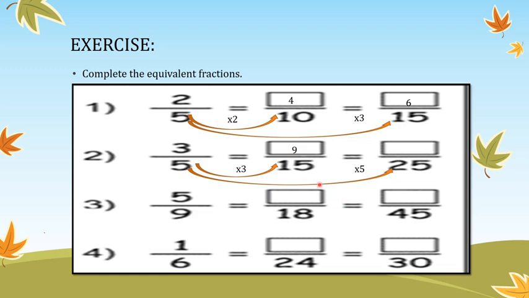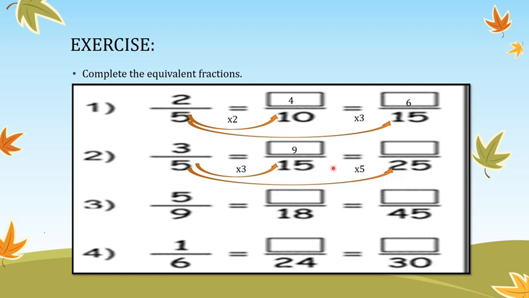Now we will see how many times of 5 does 25 come. We'll read the table of 5 to find 25. 5 ones are 5, 5 twos are 10, 5 threes are 15, 5 fours are 20, 5 fives are 25.